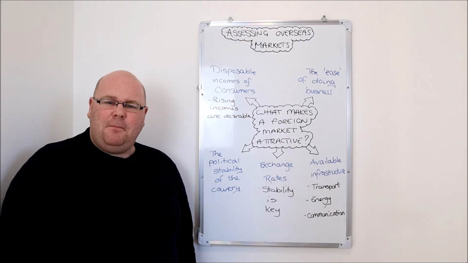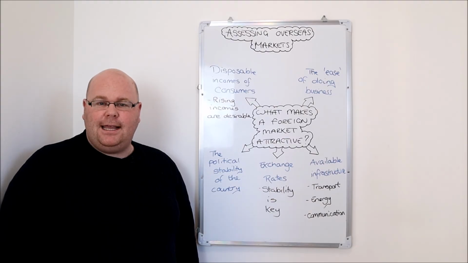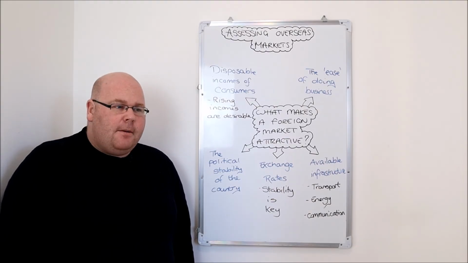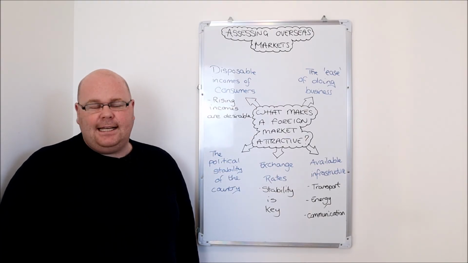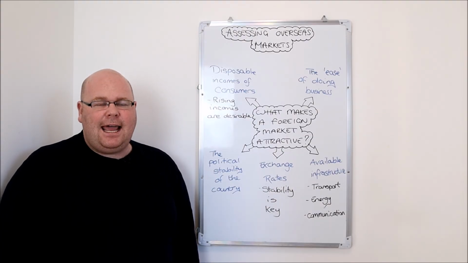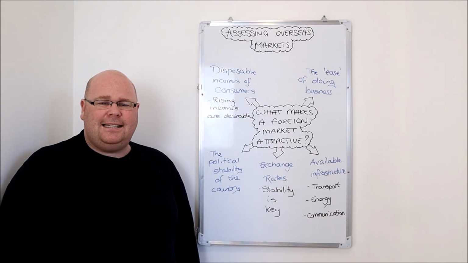Similarly, if the political stability of the country means that it's a nation where corruption is rife, where officials might constantly be looking for bribes or other financial incentives in order to facilitate a business's presence in that country, then it just means that it's a less appealing place for managers to want to go and sell in.